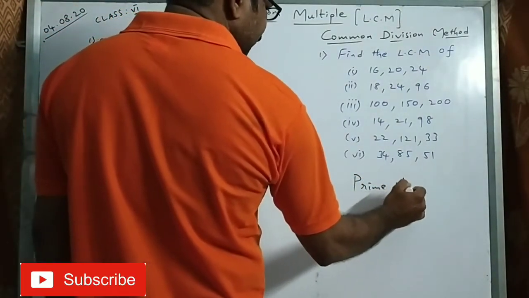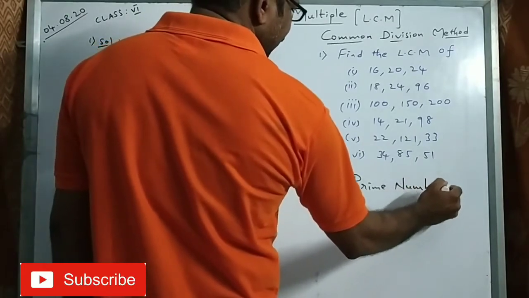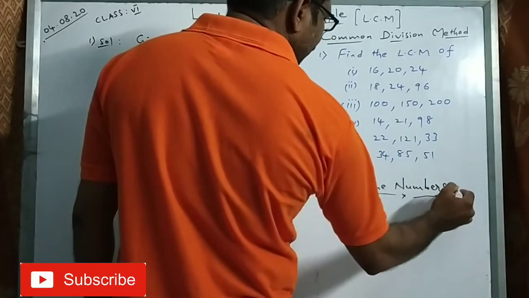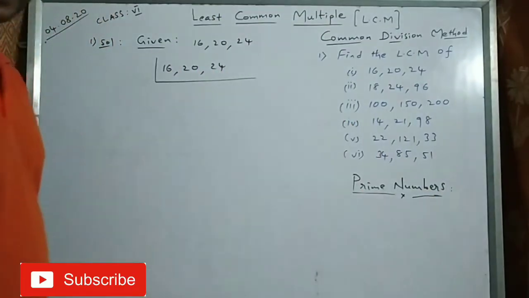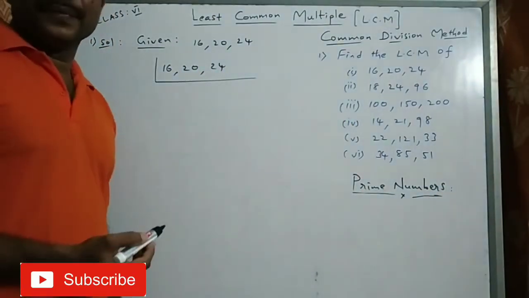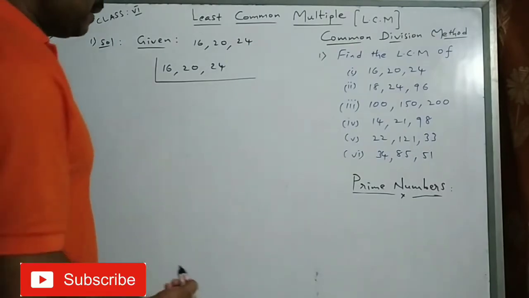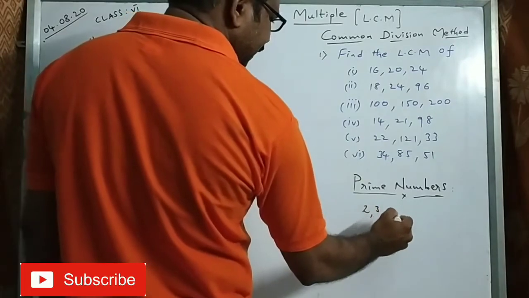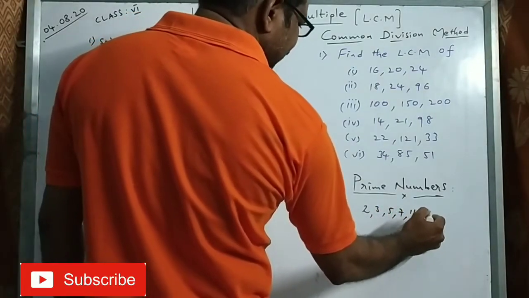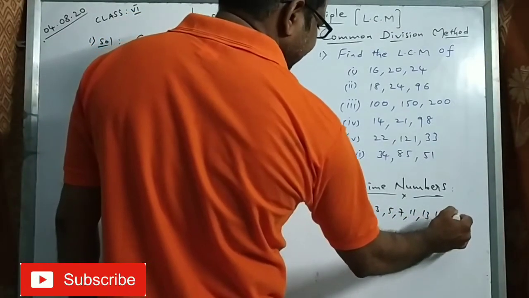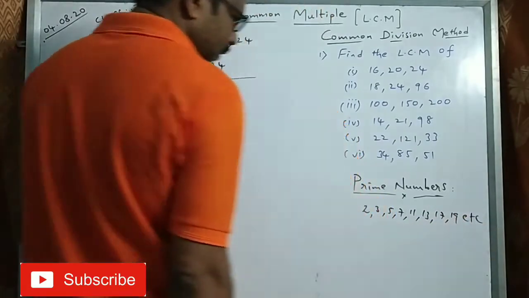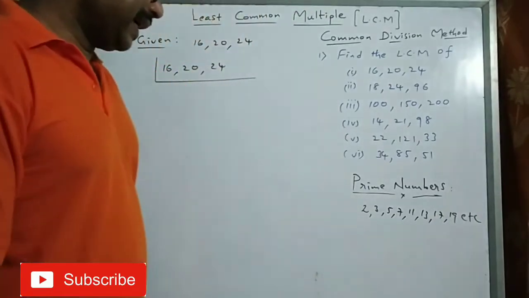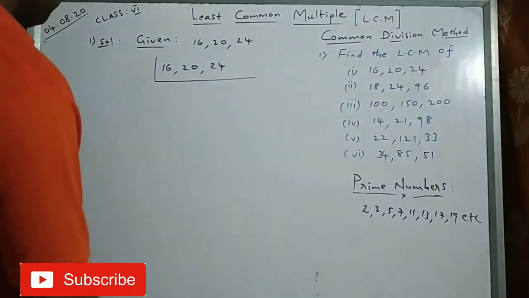Prime numbers, having one as a factor and itself as a factor, they are called prime numbers. Prime numbers means starting from 2, 3, 5, 7, 11, 13, 17, 19, etc.